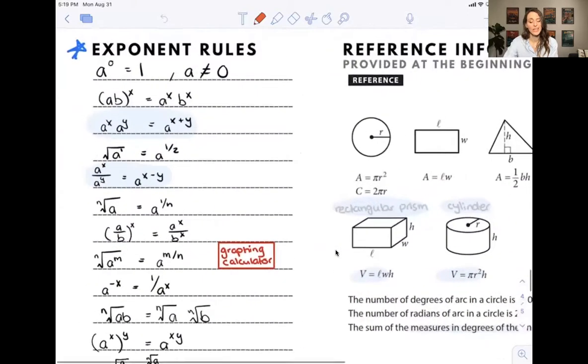Exponent rules are super important for the no calculator section. There are some tricks in the calculator section that you can use on your graphing calculator to bypass knowing your exponent rules, but you absolutely have to know them for the no calculator section.